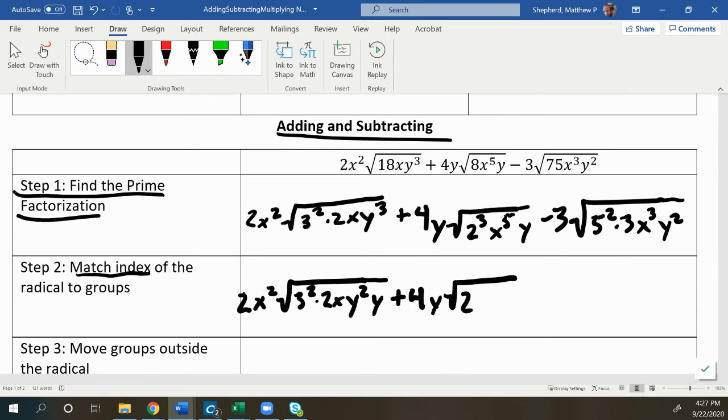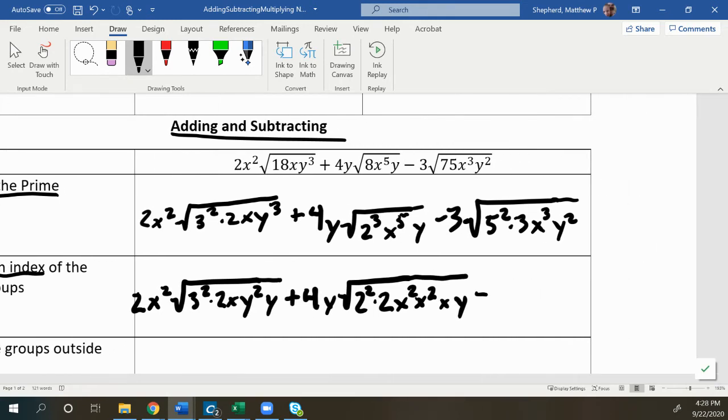That 2 cubed, we're going to change it to 2 squared times 2. The x to the power of 5 will change into x squared times x with a y, minus 3 square root 5 squared times 3. The x to the power of 3, we're going to change it to an x squared times x and a y squared.